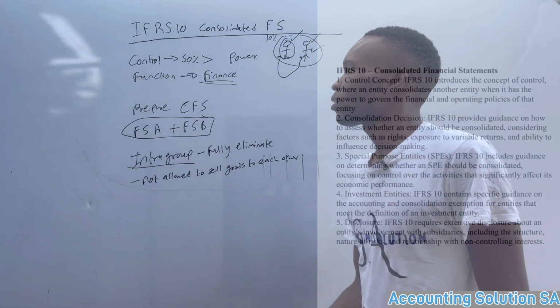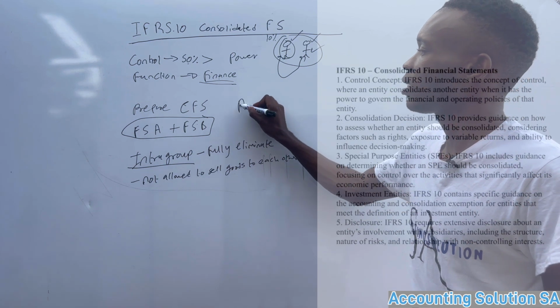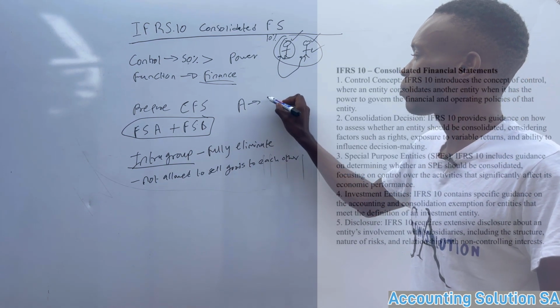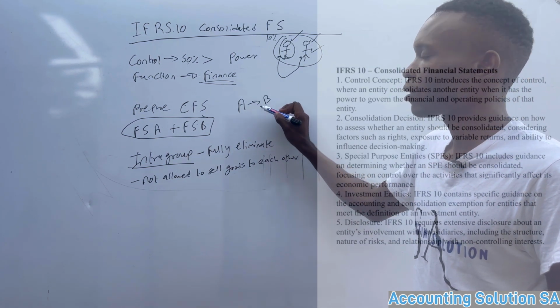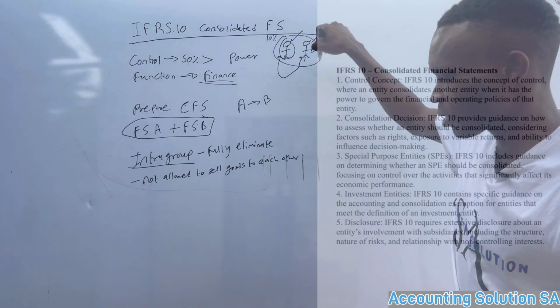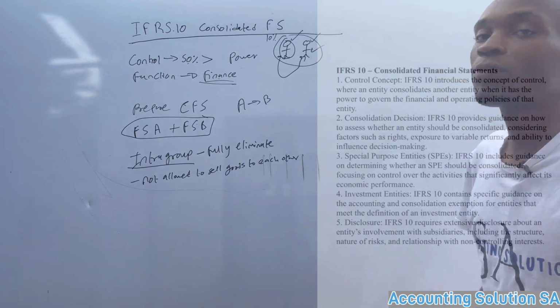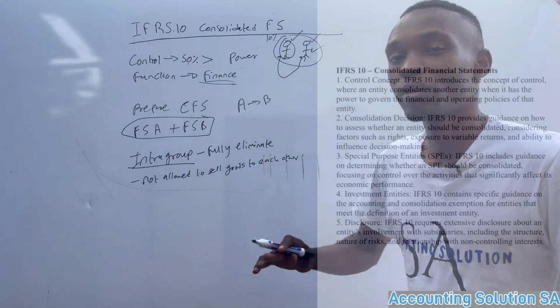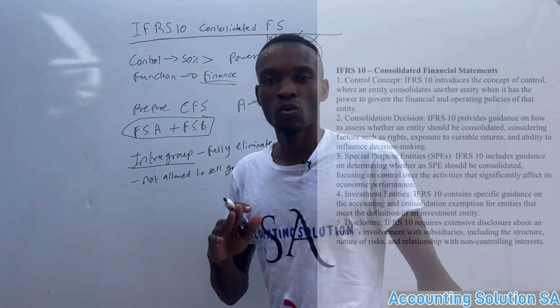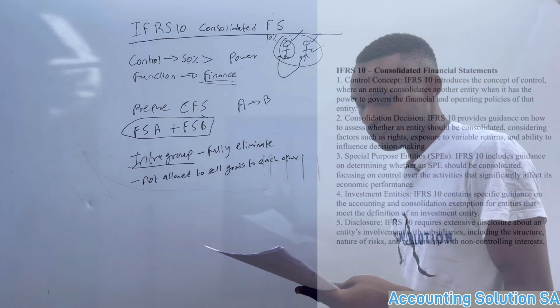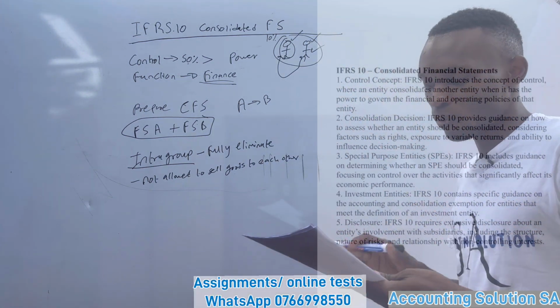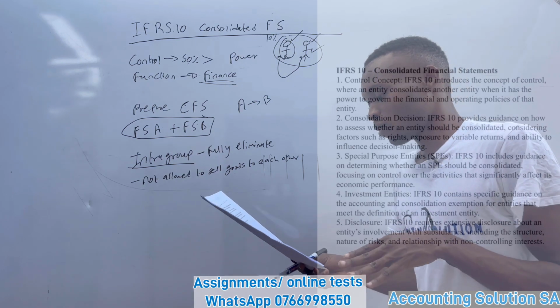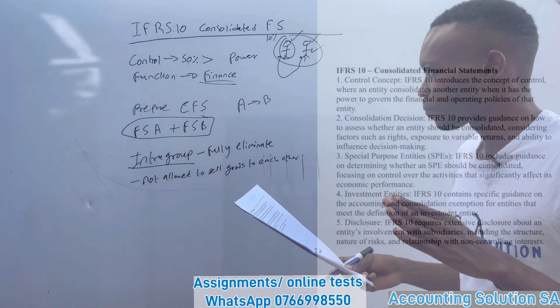You can find that they say company A sold an item to company B, which are in the same group. What you need to do in that case is reverse that revenue. You must reverse that revenue in full. You're going to see it when we do an example. For this video, we're doing only the basics.